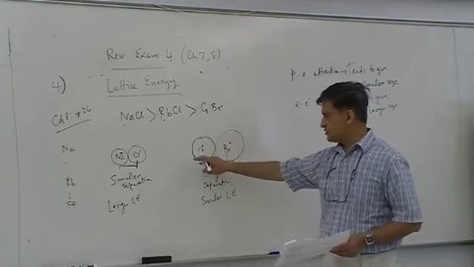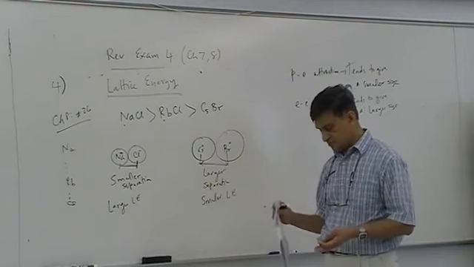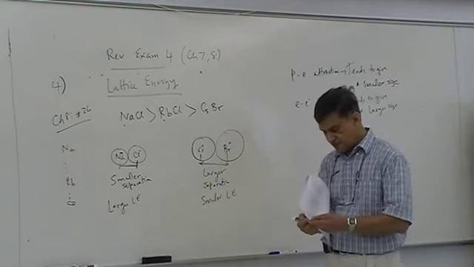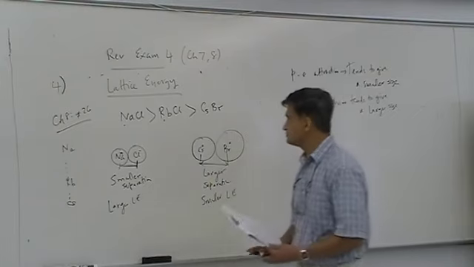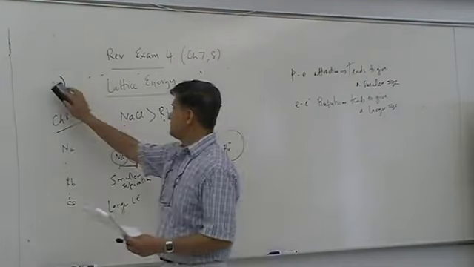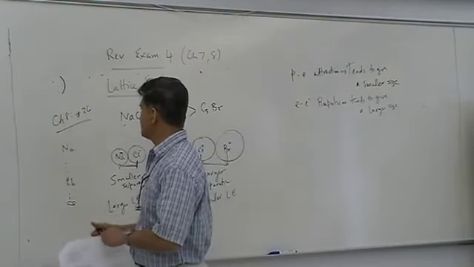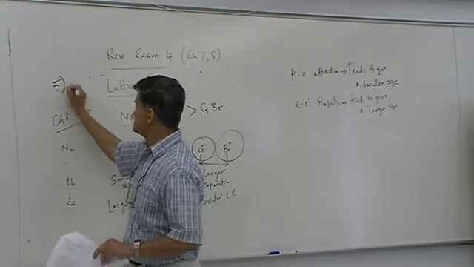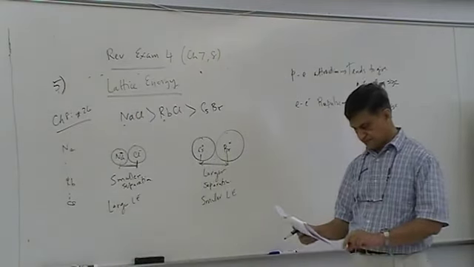I may have plus 2 on one ion, then it will be a greater attractive force because of the plus 2. So you'll have to examine this carefully to find out the variation in lattice energy. So this was the fifth type of problem, where we need to compare lattice energy of different ionic compounds. So that's lattice energy for ionic compounds.